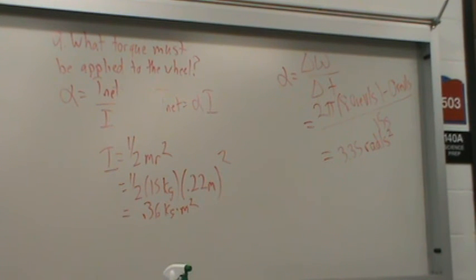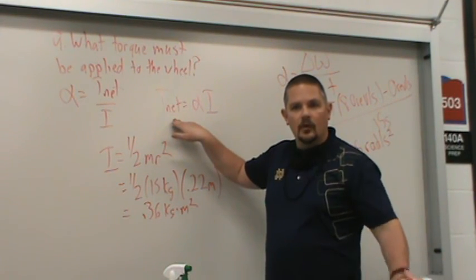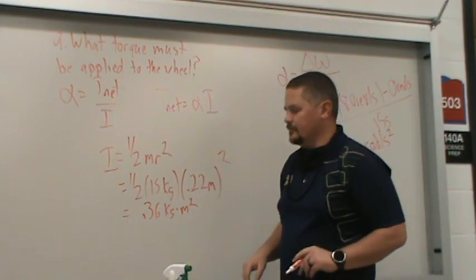Okay? So we have our angular acceleration, we have our inertia. So to find the torque on the wheel, all we have to do is multiply those two numbers together.